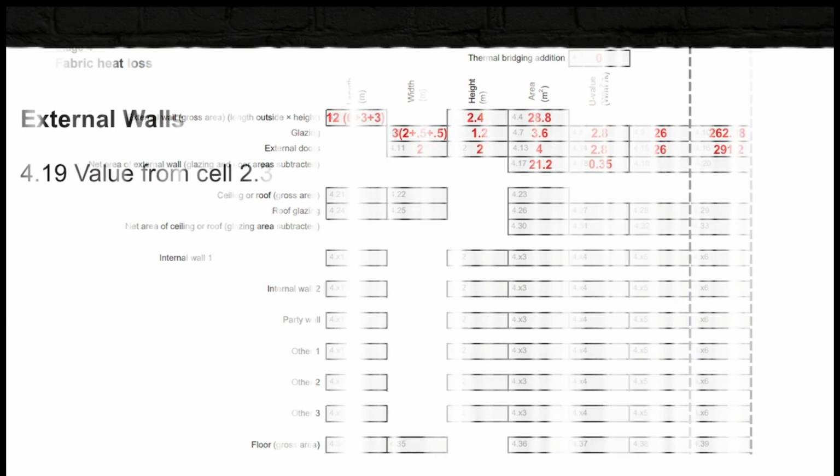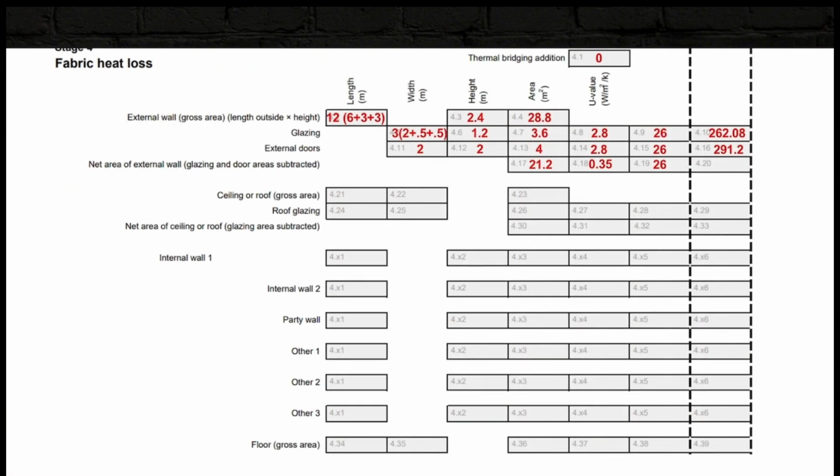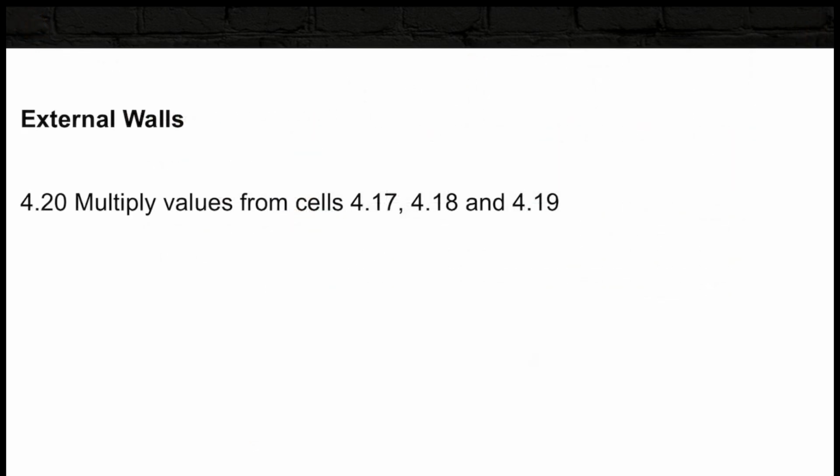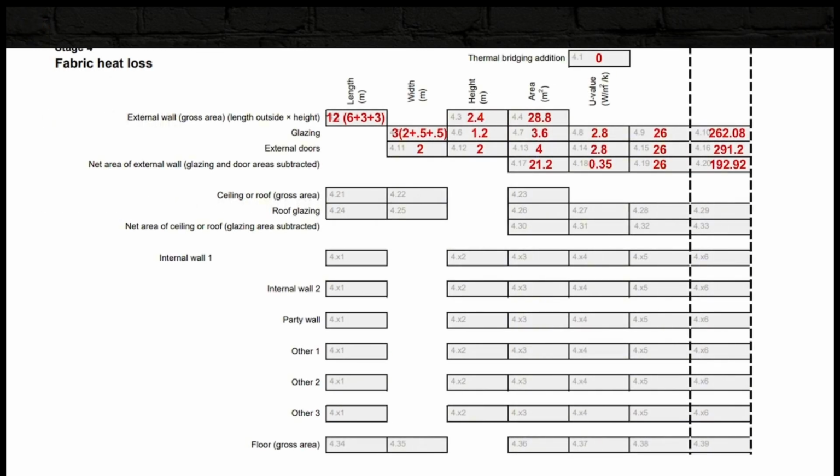Box 4.19 is then again the temperature differential between indoors to outdoors, which, as we should know by now, is 26 degrees. So the energy loss through our external walls is box 4.17, 4.18 and 4.19 multiplied together, which gives us a total for the external walls of 192.92.